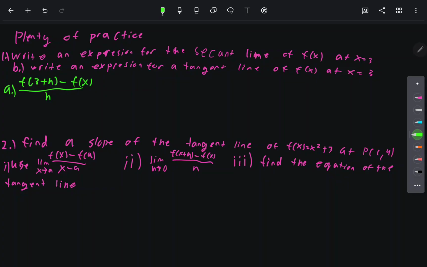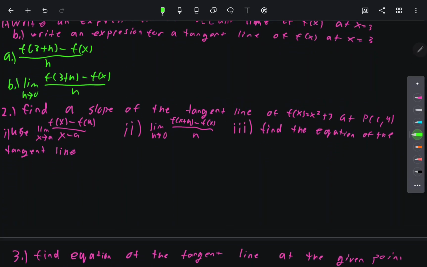That's our answer for A. Let's use the same definition here, and take the limit as h approaches 0. What you'll see is that these are similar, differing only by a limit.